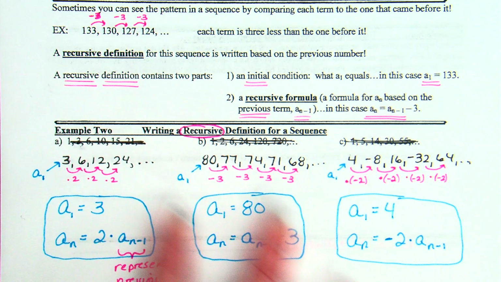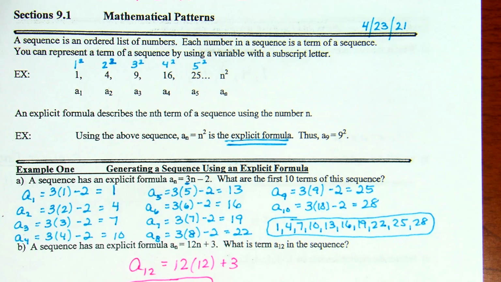Okay, guys. On Friday, we looked at the beginning of lesson 9.1, just a brief review. At the beginning of the lesson on Friday, we looked at explicit formulas and how to use them. The nice thing about these explicit formulas is you're given an explicit formula, A of n equals something in terms of n.